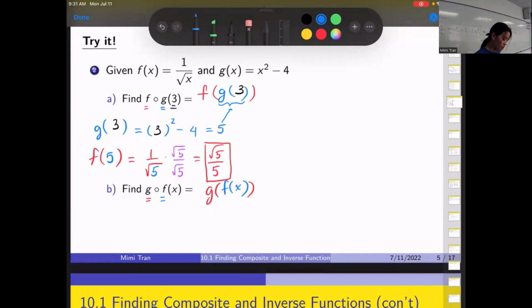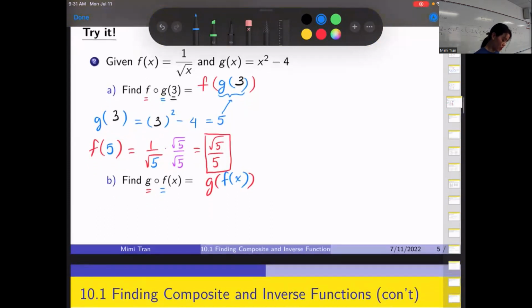So G is something squared minus 4. And that something now is no longer X. It is F of X, right? It's no longer X, it's the whole function. So F of X is 1 over square root of X. Someone simplify this for me. 1 over square root of X squared, which is... Curtis.